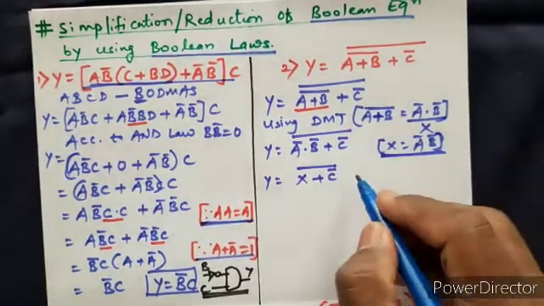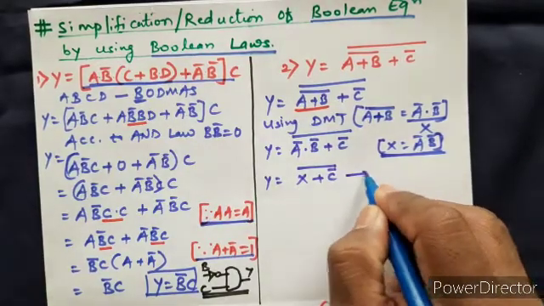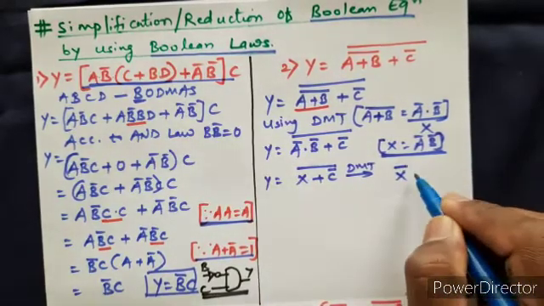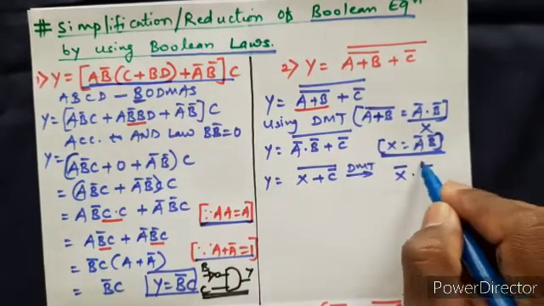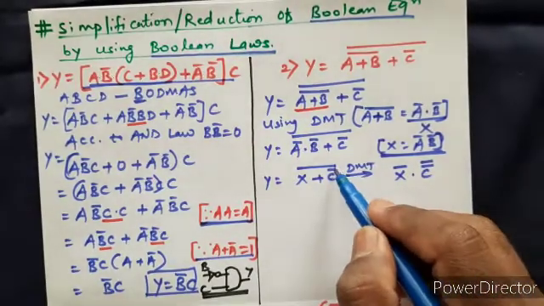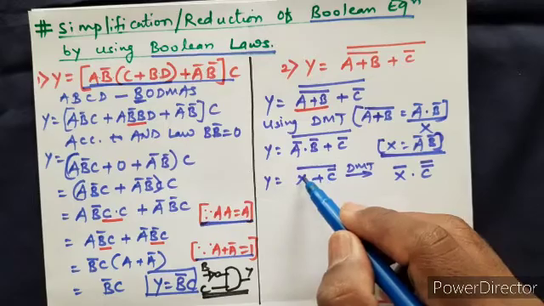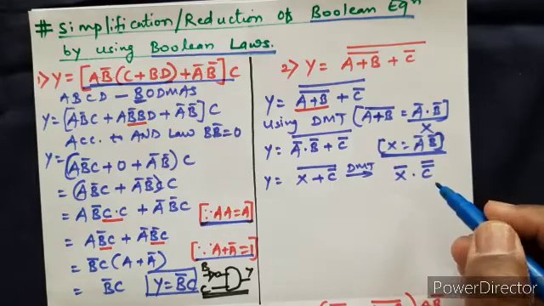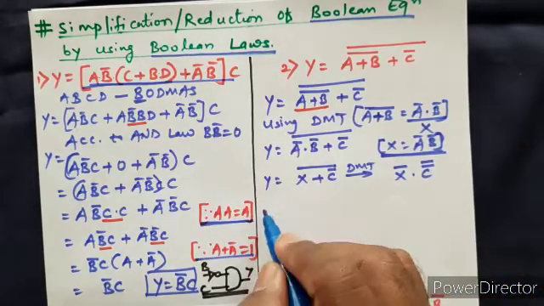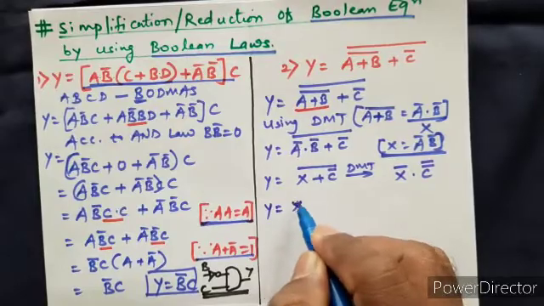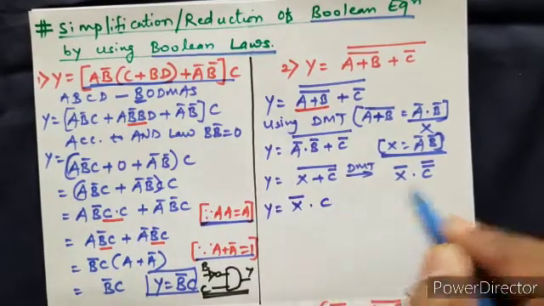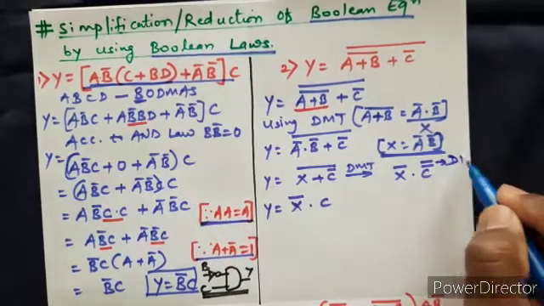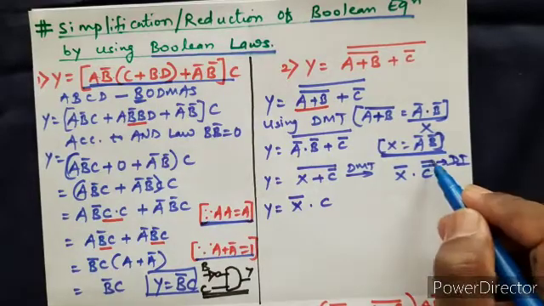So again De Morgan's theorem: this becomes x bar dot c bar double bar, because c already has the bar. Now this bar is divided into these two variables and this plus is converted to dot. So my equation becomes y equal to x bar dot c, using double inversion, where minus minus becomes plus.